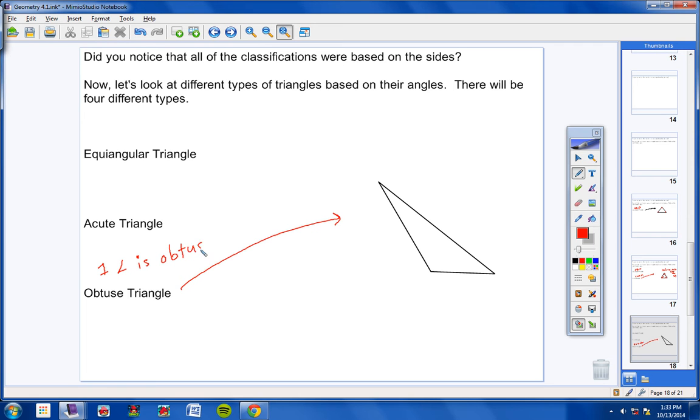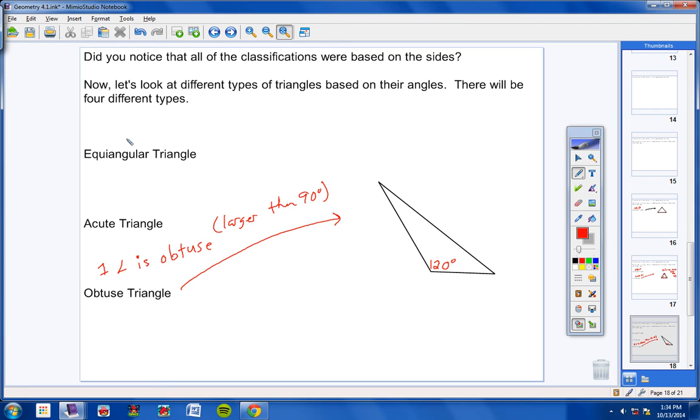Please make note of that, students. One angle is obtuse. Now, obtuse means larger than 90 degrees. So make note of that, okay? So we're going to go ahead and call this angle right here 120 degrees. If you want to write that in your notes, 120. So notice one of my angles is greater than 90, so we call that an obtuse triangle.